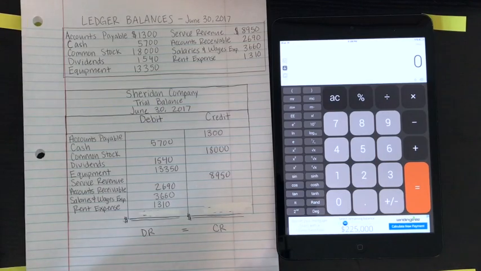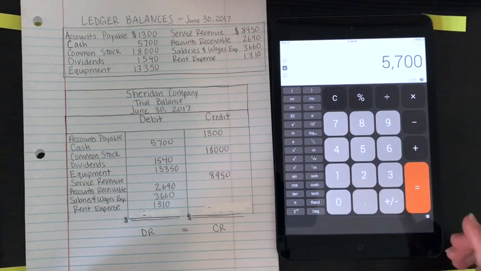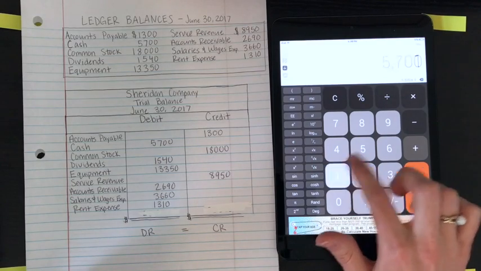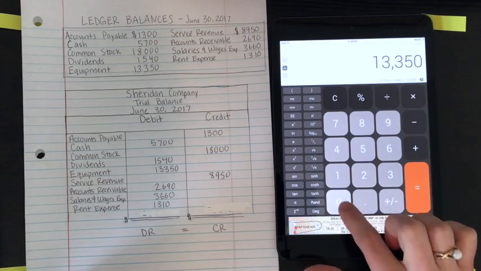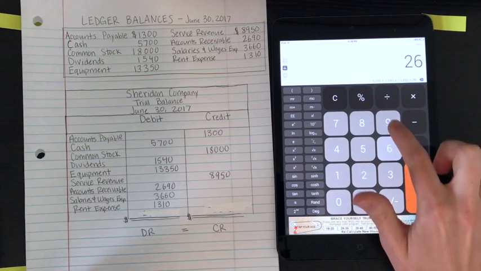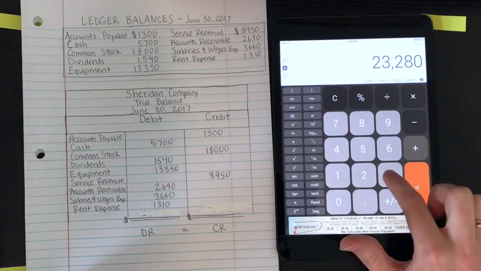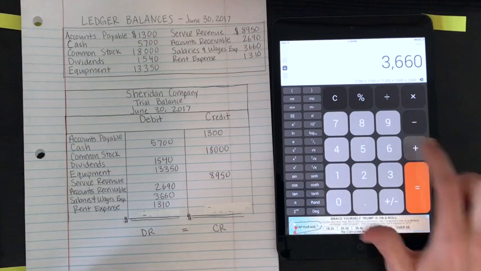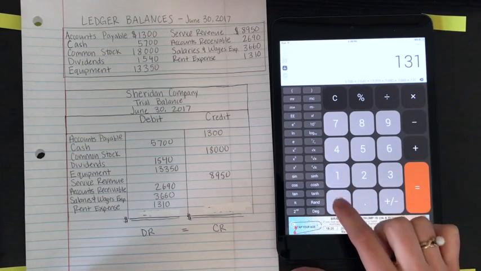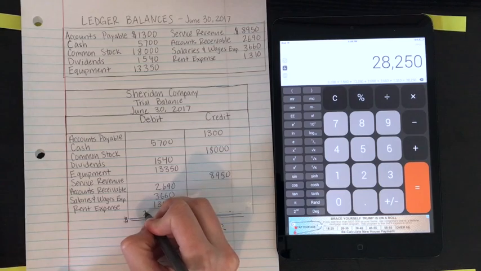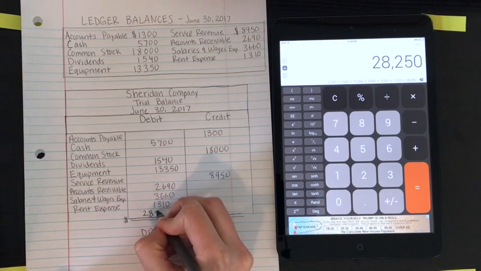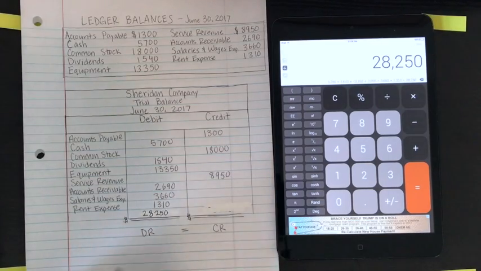Now all we need to do is add up each side to make sure that they equal one another. I'm going to show you that here on the calculator so you can double check with me. I'm going down the debit side and adding these all together. Okay, so I got $28,250 for the debit side.